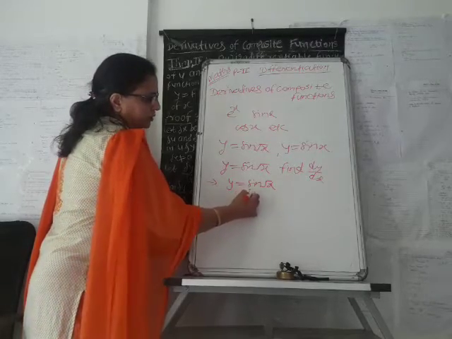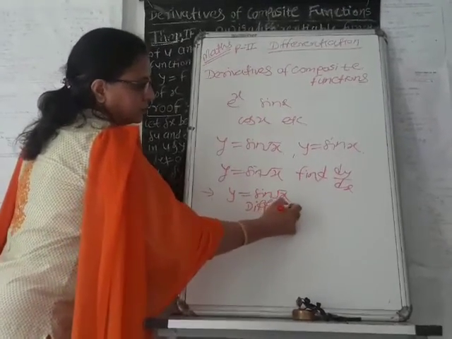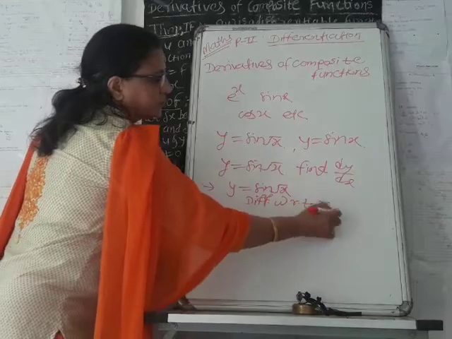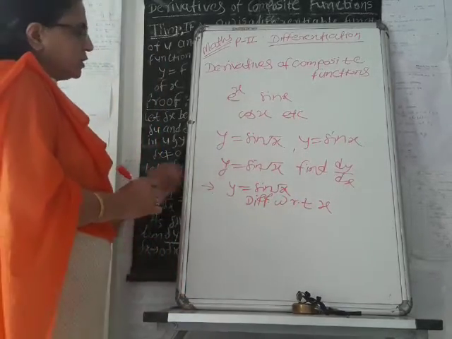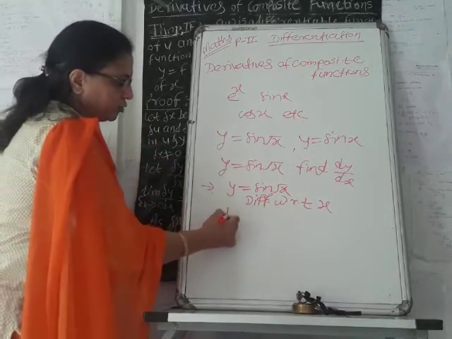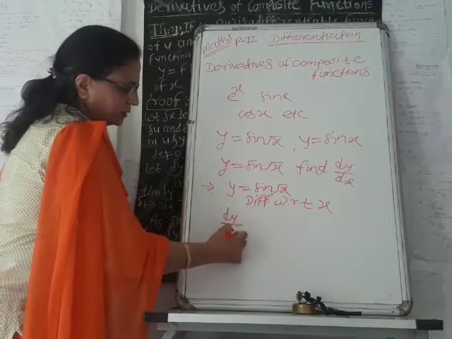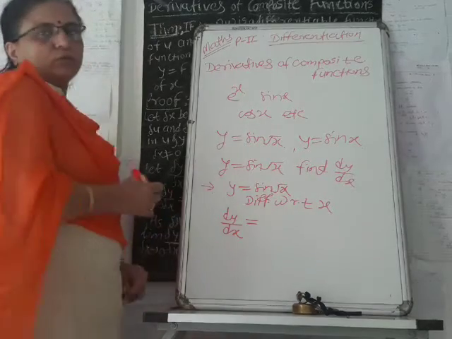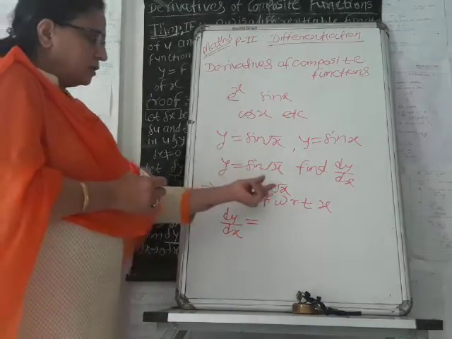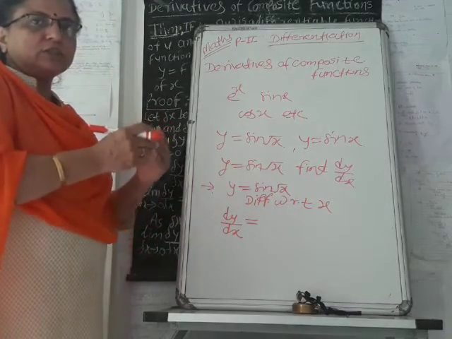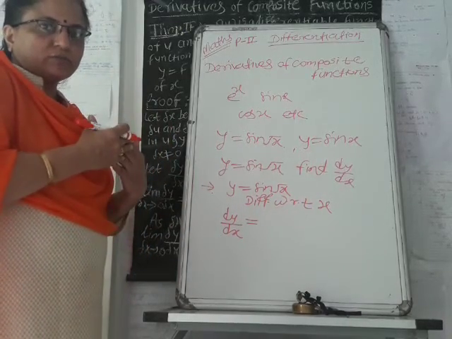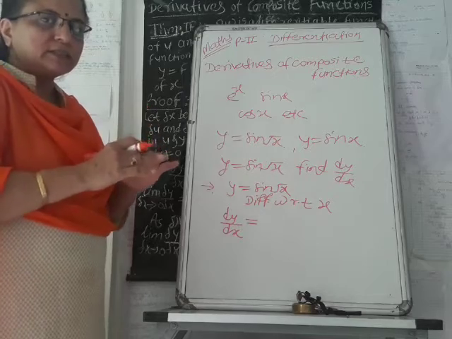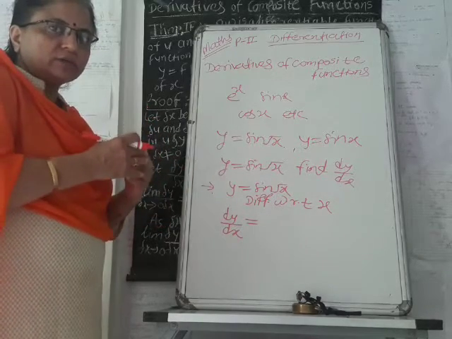So differentiate with respect to x. What is the derivative of the LHS? dy by dx equals the derivative of sine of under root x. Which function is the first function, under root x or sine?